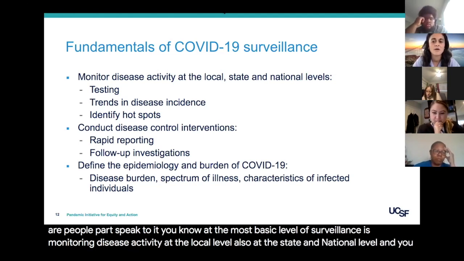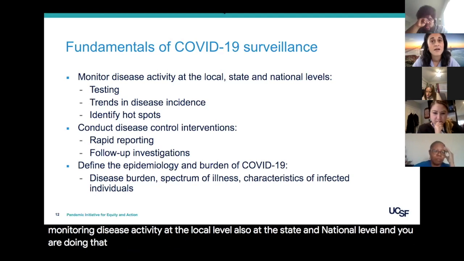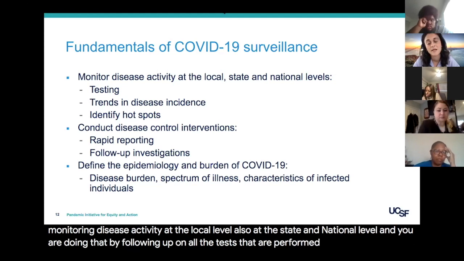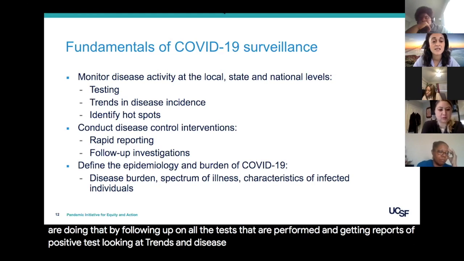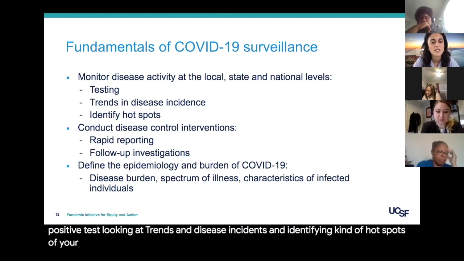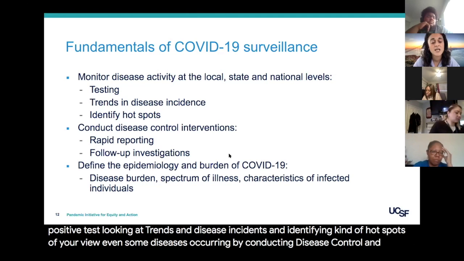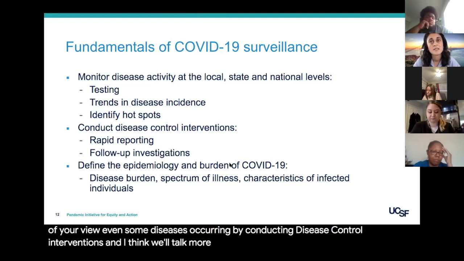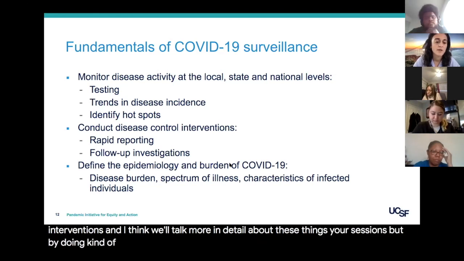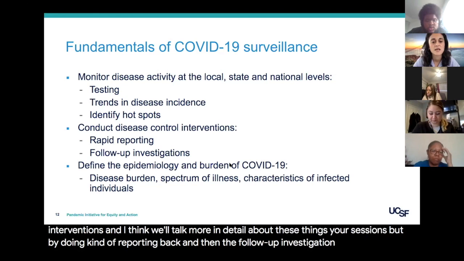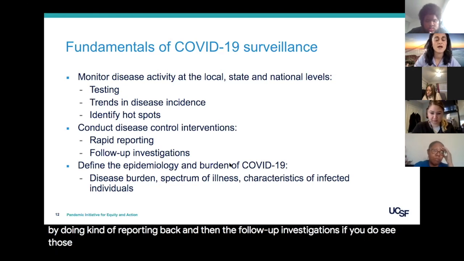And you are doing that by following up on all the tests that are performed and getting reports of positive tests, looking at trends in disease incidence and identifying hotspots in your community where disease is occurring, by conducting disease control interventions. I think we'll talk more in detail about these in future sessions, but by doing the reporting back and then the follow-up investigations, if you do see those hotspots or clusters of cases.